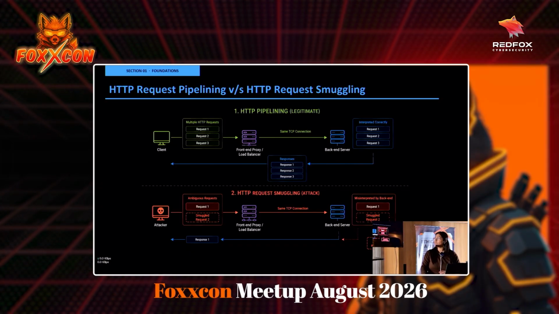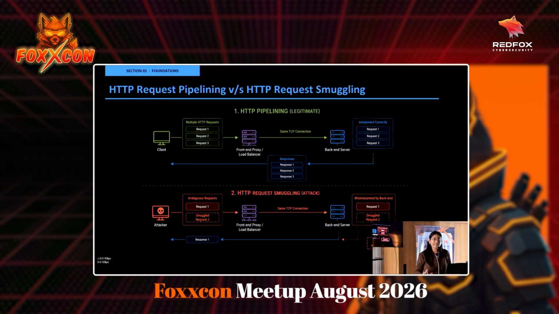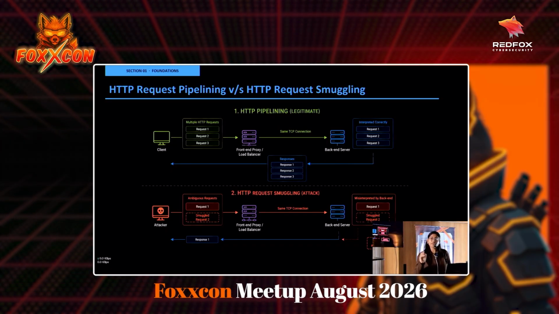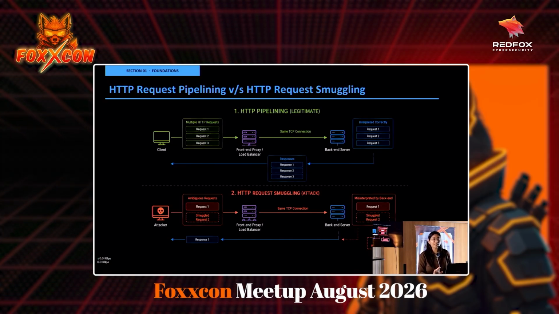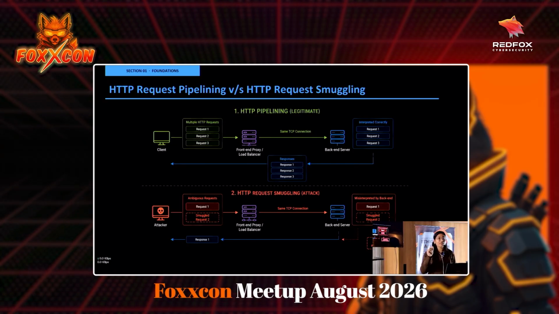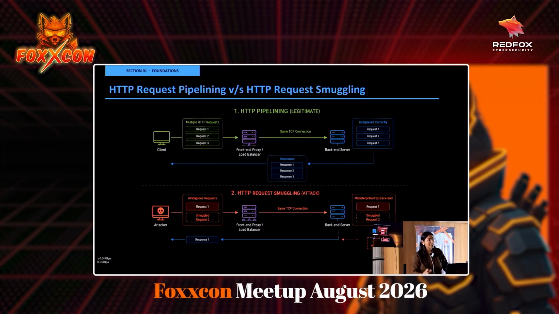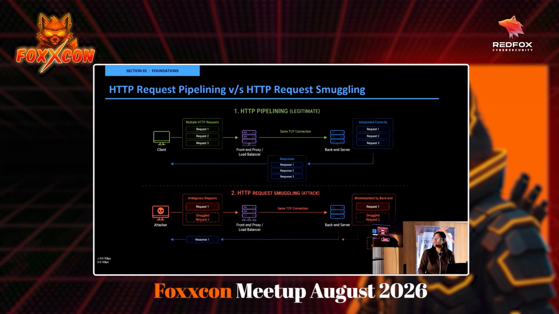It means if the connection is open, you can send multiple requests whether or not the response has come. But it will be in a queued manner, FIFO, first in, first out: request 1, request 2, request 3, and then responses will come.